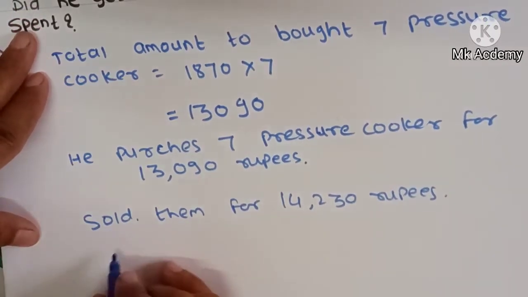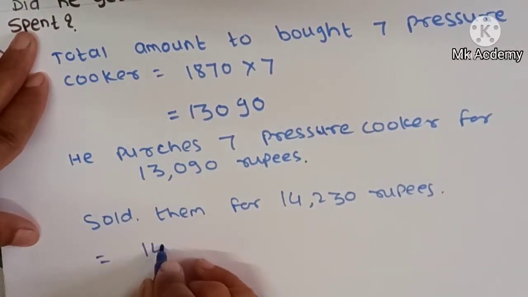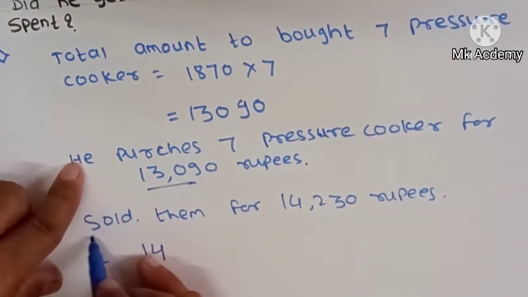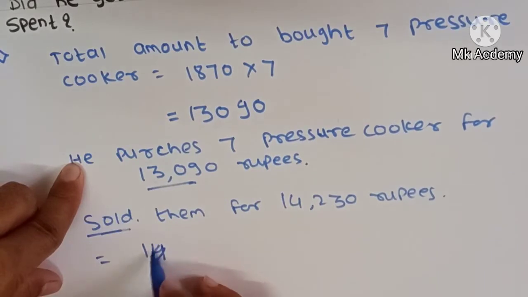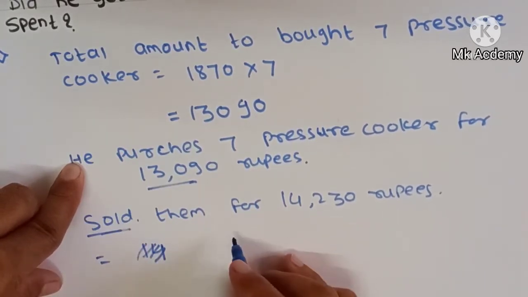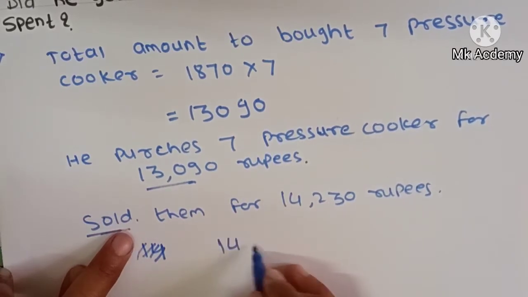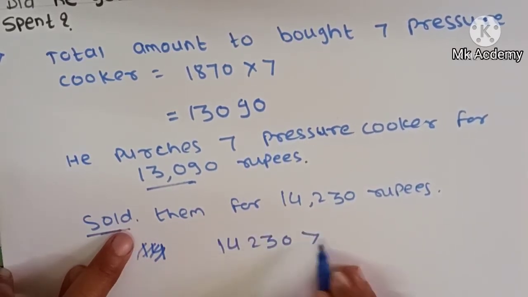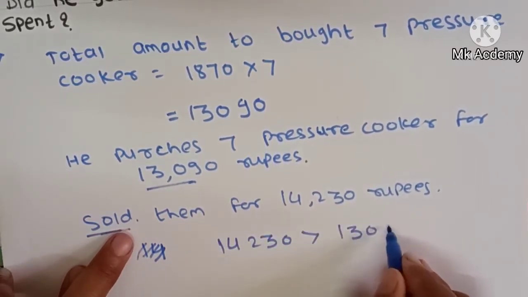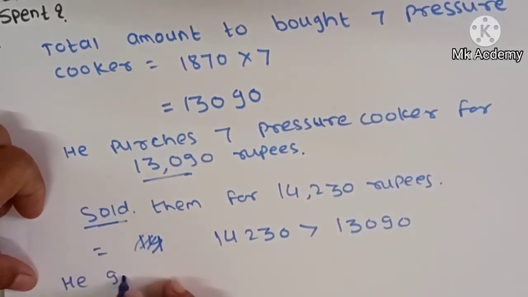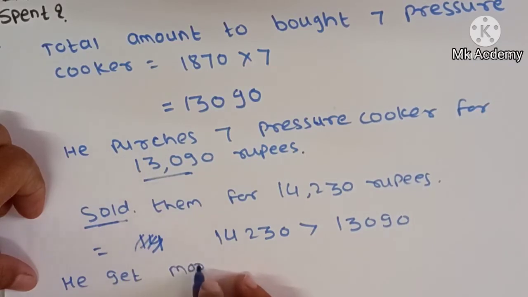Now we have to do subtraction. Now see, this amount is the purchasing amount and this amount is the sold amount. Which amount is greater? Yes, the sold amount is greater than the purchasing amount, means he got more money.